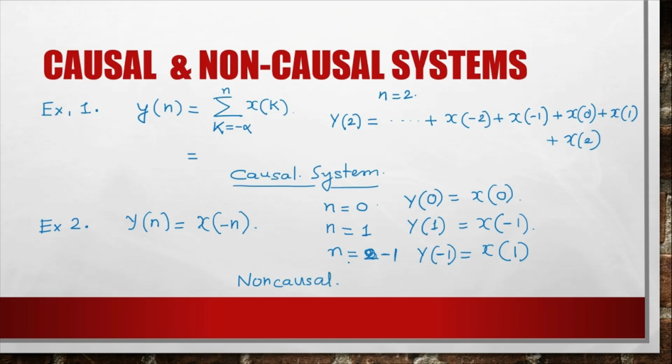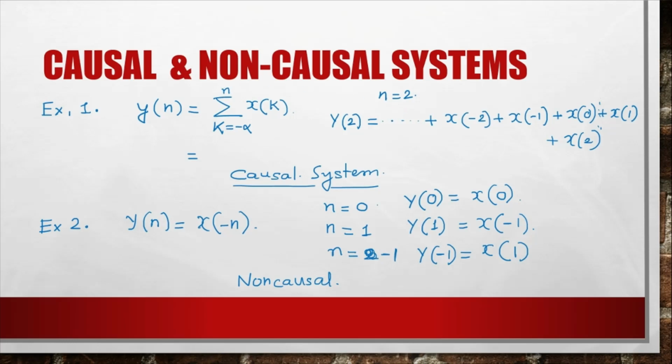In this way, you can also do this. You can take n equal to 0. If you take n equal to 0 for this example, you will find y of 0, where the value of k ranges from minus infinity to 0. So it will come up to this point. Here for n equal to 0 you are getting a causal value. Now you take n equal to minus 1 or minus 2. For minus 2, the range will be minus infinity to minus 2.